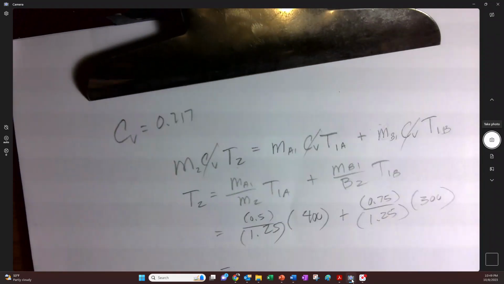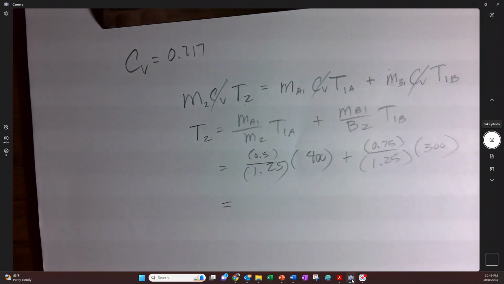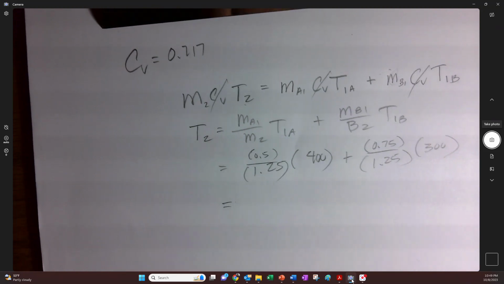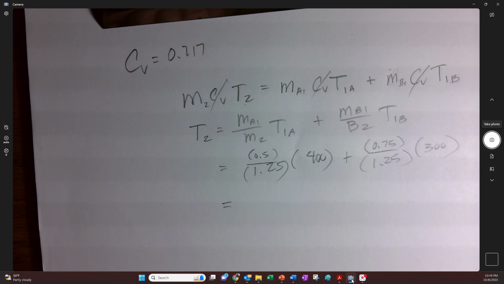Now those tables are more correct than using the constant specific heats, because this constant specific heat is just an assumption. But let's see what would happen. All right, and then 0.5 over 1.25 times 400, plus 0.75 over 1.25 times 300, add them together.